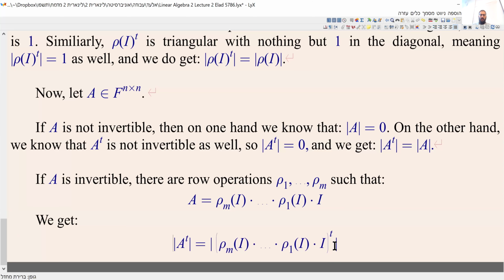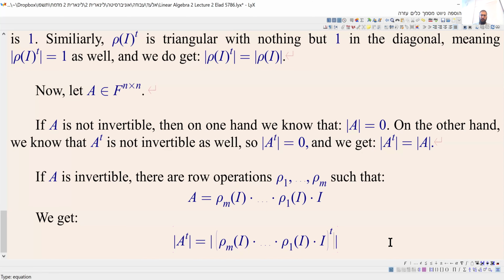How do we apply the transpose on a multiplication of matrices? Every matrix gets a transpose, but we change the order in the multiplication as well.